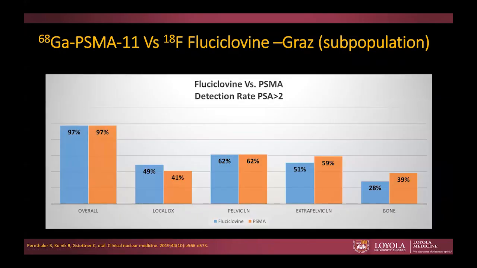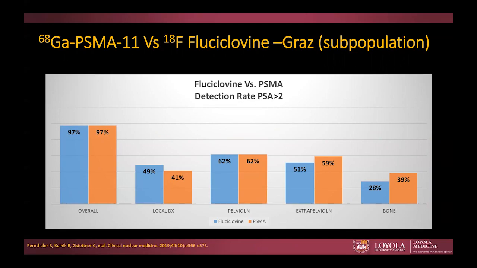So going into the main studies that had head-to-head comparison done, one in Europe and one in the United States. This is a subpopulation of patients from Europe that had PSA above 2.